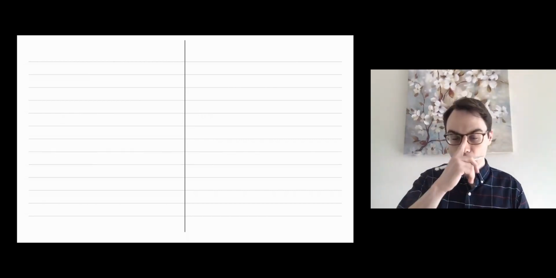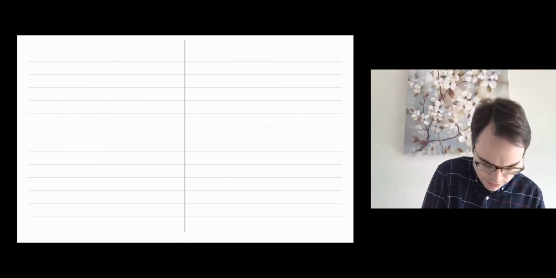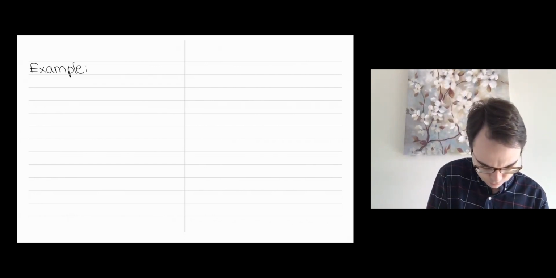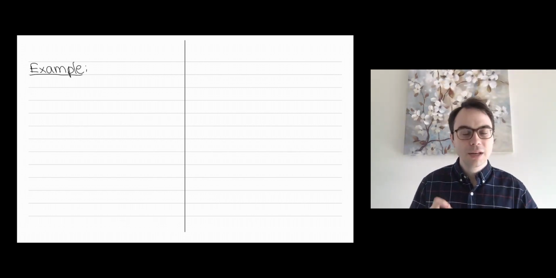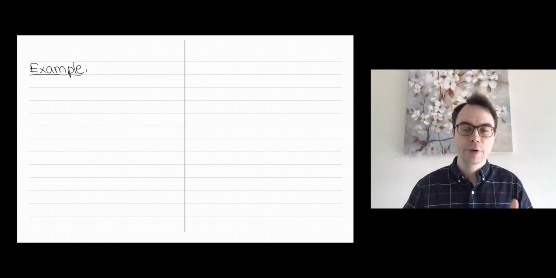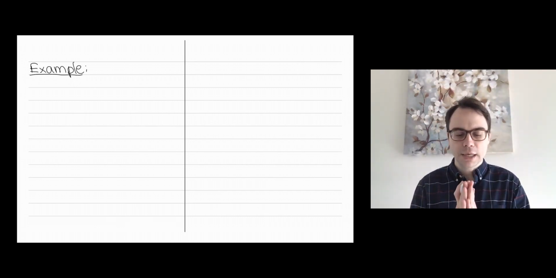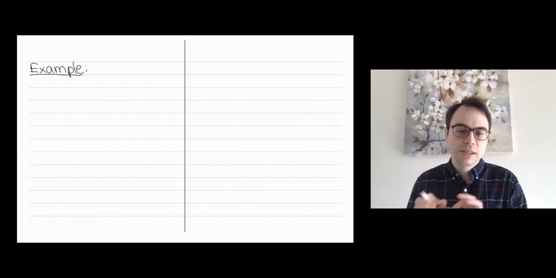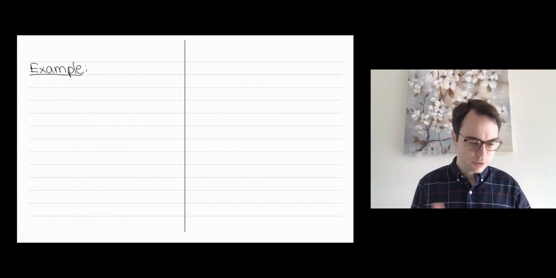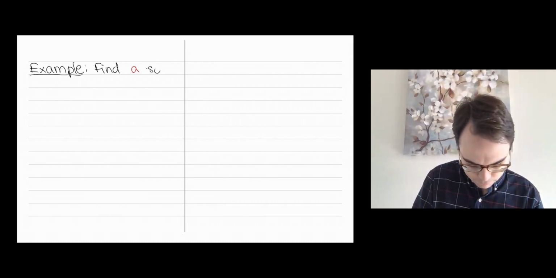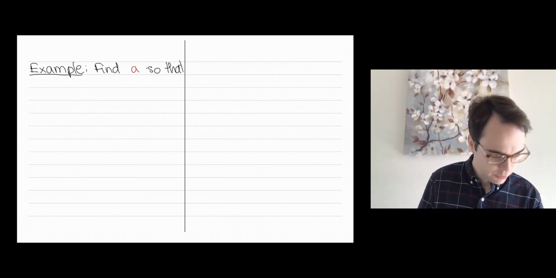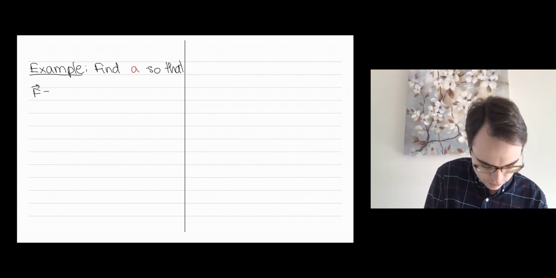So here's a homework problem. It has appeared in exams in the past. So for example, we're given a vector field. I'm going to give you a family of vector fields that depend on a parameter a, and we want to find the value of the parameter that makes the vector field a gradient field. So we want to find the parameter a so that the vector field, so here's the vector field.